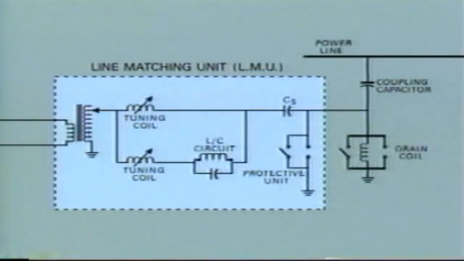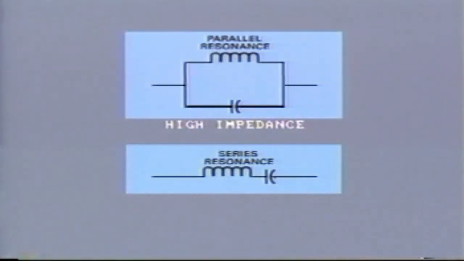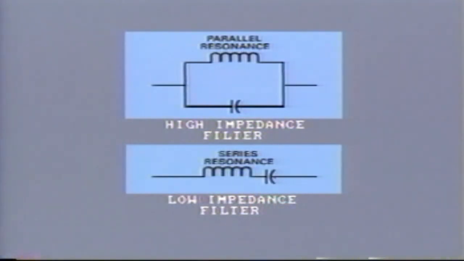In order to achieve this, the tuning circuit becomes more complicated, with a combination of inductors and capacitances arranged in series and parallel. Remember, parallel resonance provides high impedance at its design frequency, in contrast to series resonance, which provides low impedance. These circuits are often known as filters because they allow only the desired frequency currents to pass.